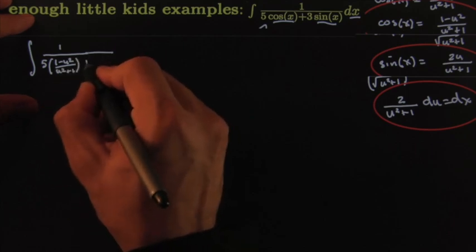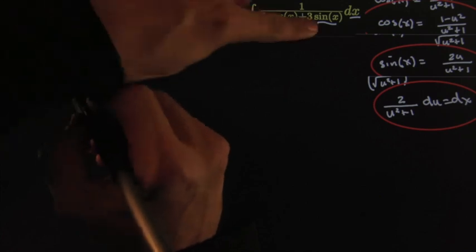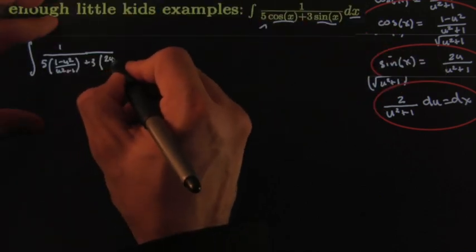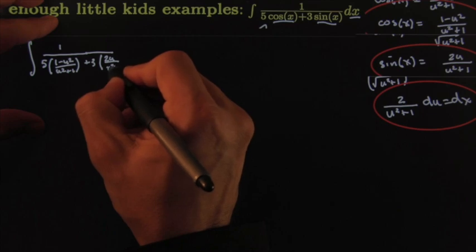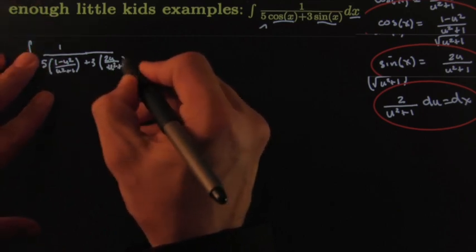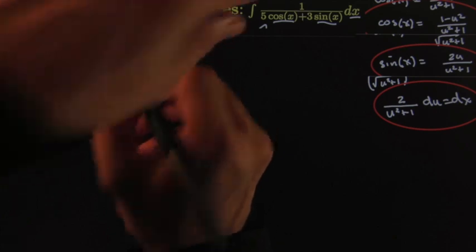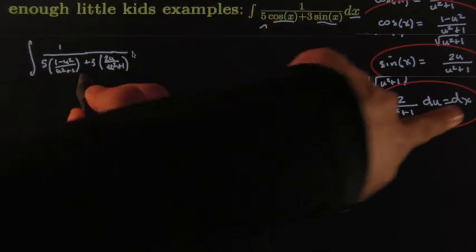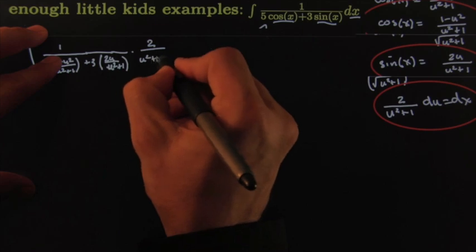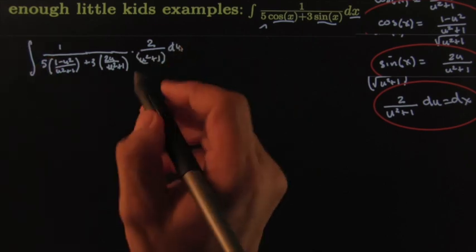And then I have plus 3 times sine x. For sine x, I'm looking there. So that would be 2u over u squared plus 1. All that times dx. For dx, I'm looking here. So that would be 2 over u squared plus 1 times du.